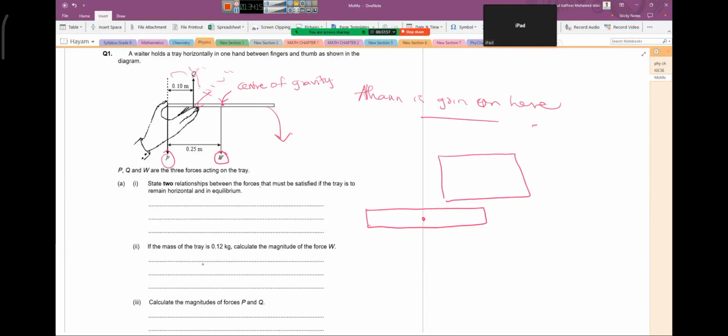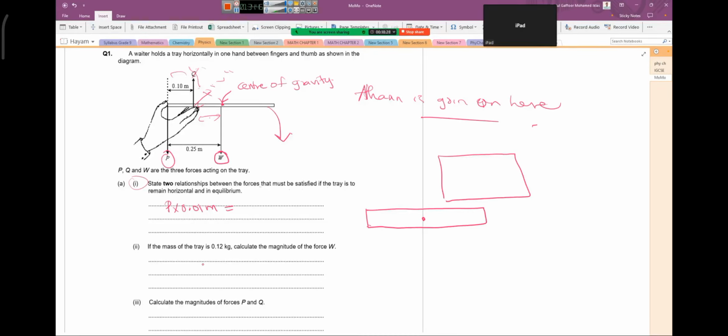If the tray is in equilibrium, then P into this distance, 0.01 meter, should be equal to W into this distance.